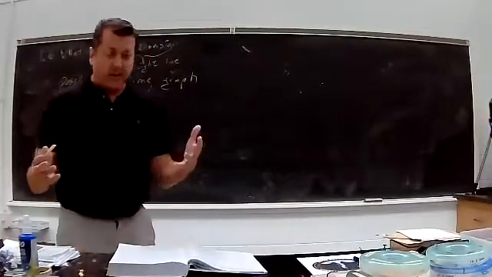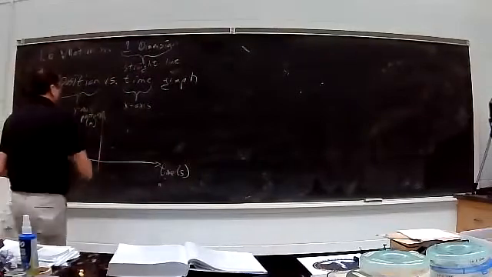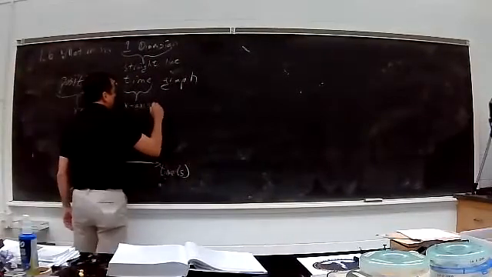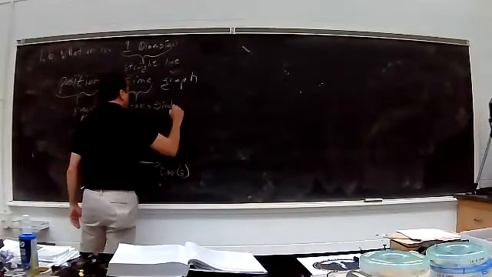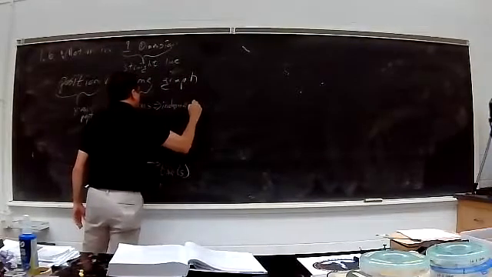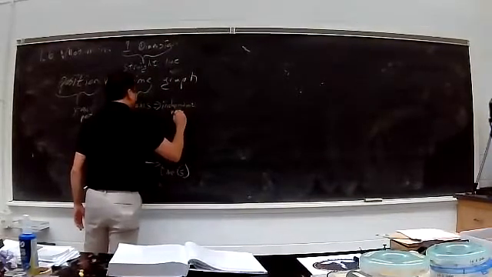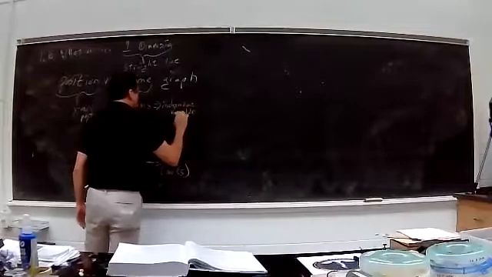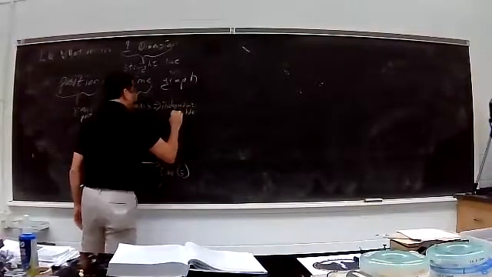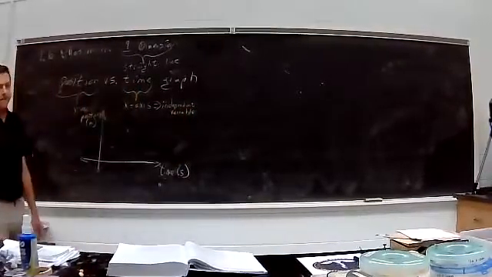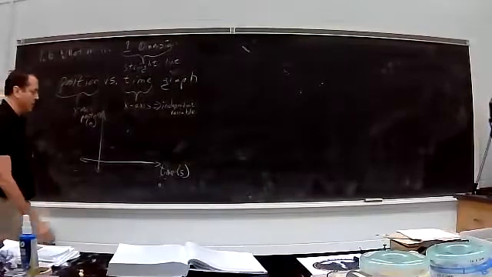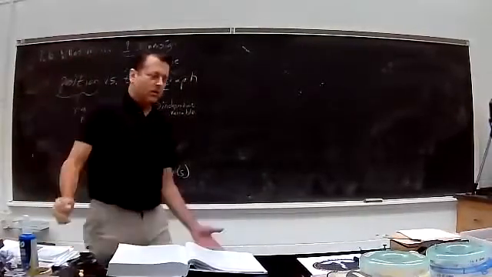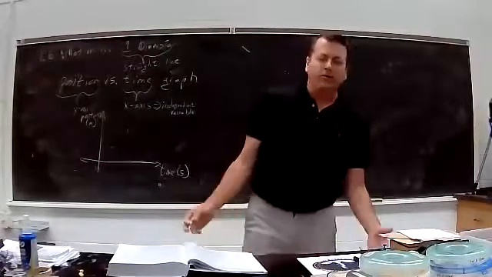Okay? Now, how do I know which is which? Whatever's on your X-axis is your independent variable. Independent variable. What does independent variable mean? If you're, what was the Rudolph the Red-Nosed Reindeer?